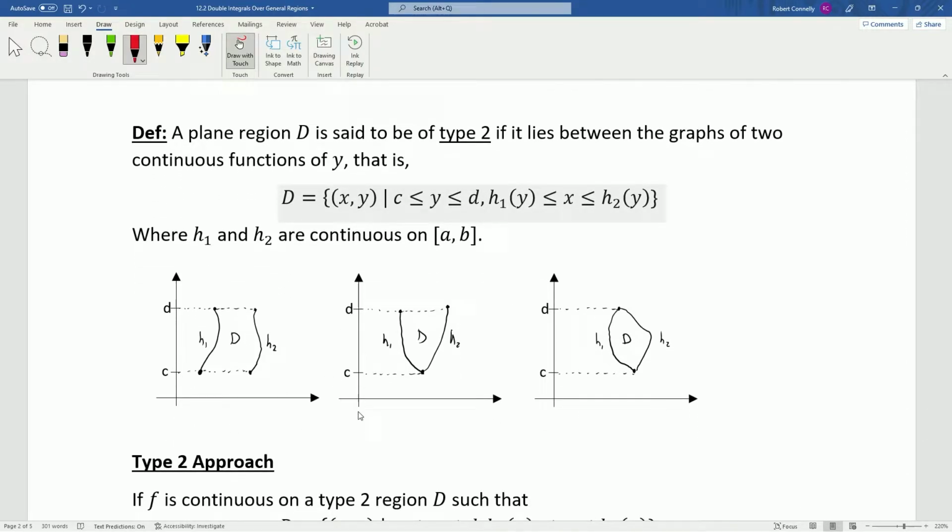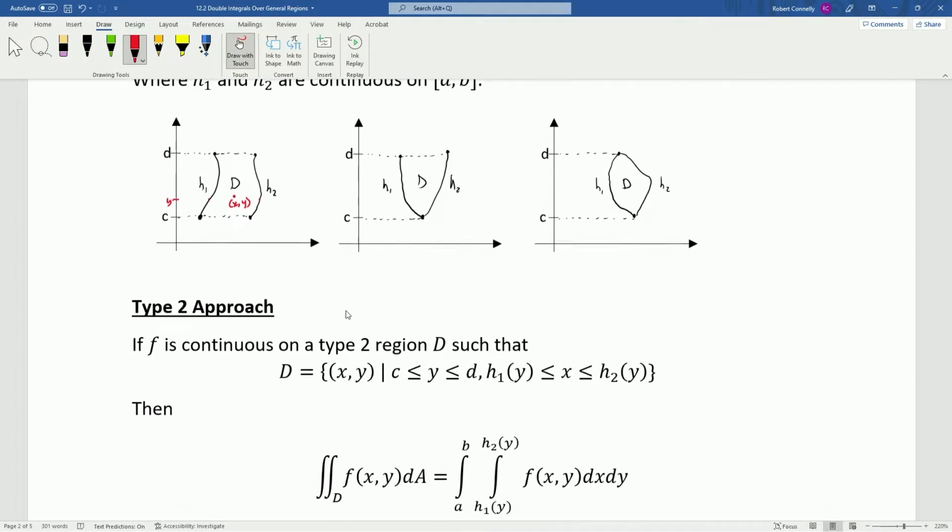So similarly here, if you take a point inside the region, you can always say that the y value is between c and d, but the x value is between these two functions of y. So whatever y is dictates that x is between these two functions evaluated at y. And so here's two other regions that are type 2.